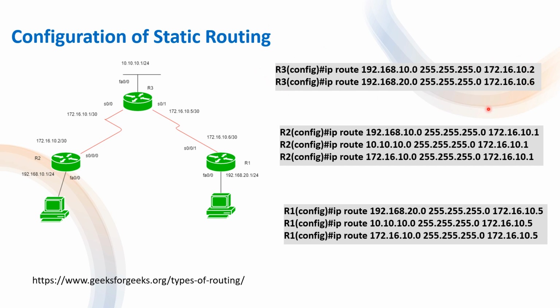Here, we provide the route for the 192.168.10.0 network, where 192.168.10.0 is its network ID, and 172.16.10.2 and 172.16.10.6 are the next hop addresses. Similarly, the configuration of router 2 is done, and similarly router 1 also.